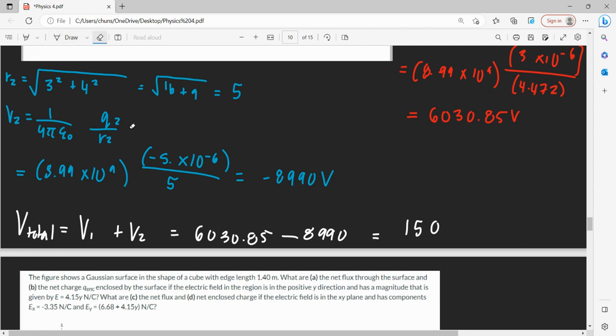Oh, sorry, I added those, my bad. 6030.85 minus 8990, and this is negative 2,959.15 volts.